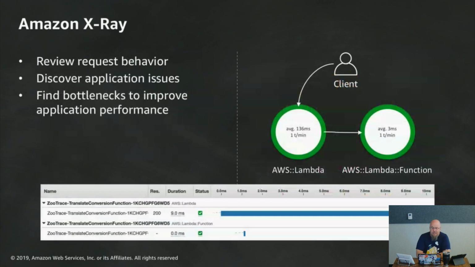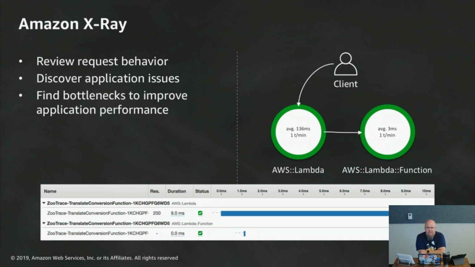The second thing we're going to dive deep into is Amazon X-Ray. X-Ray is a fairly new service, been here about 2 years, and it allows you to review request behavior, discover application issues, and find bottlenecks to improve application performance. It does a lot more than this, but it's a very powerful system.